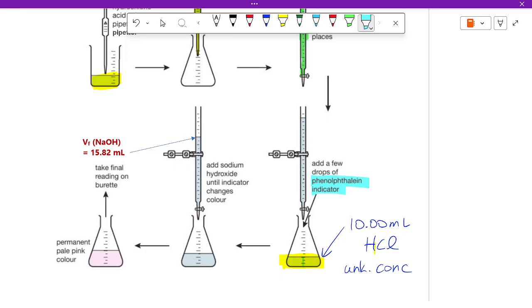And then we drip NaOH until you get a permanent pale pink color. That means that all of the acid is gone and we have excess base.